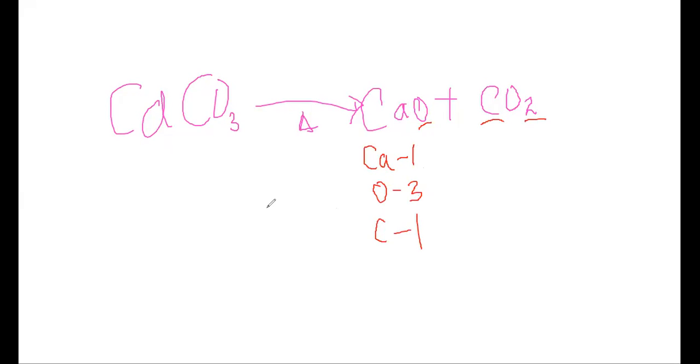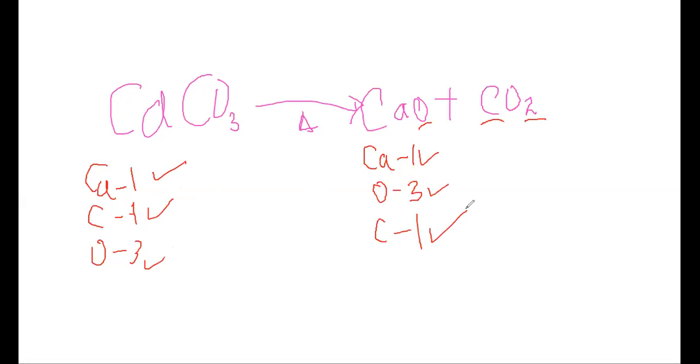On this side, calcium is one, carbon is one, and oxygen is three. So 1 and 1 are correct, 3 and 3 are correct, and carbon 1 and 1 also correct.